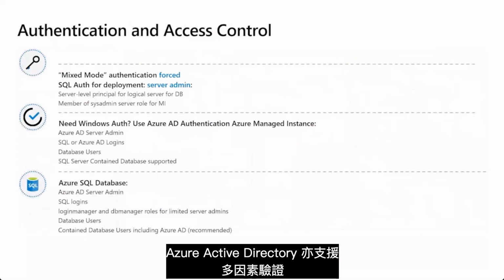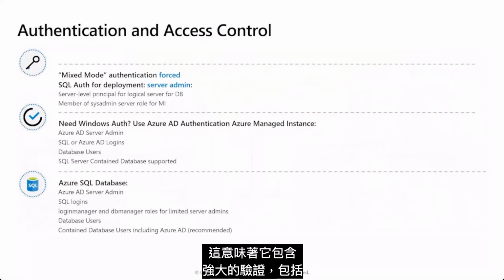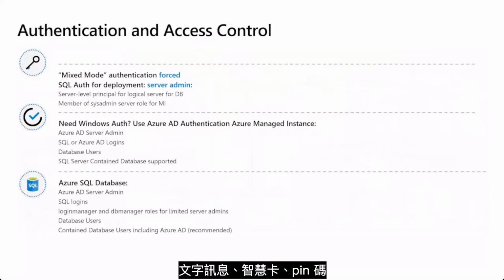And Azure Active Directory also supports multi-factor authentication, which means you can include strong authentication from a bunch of verification options like phone calls, text messages, smart cards, pins, or a mobile app notification.